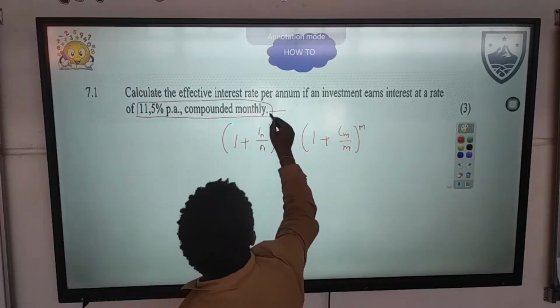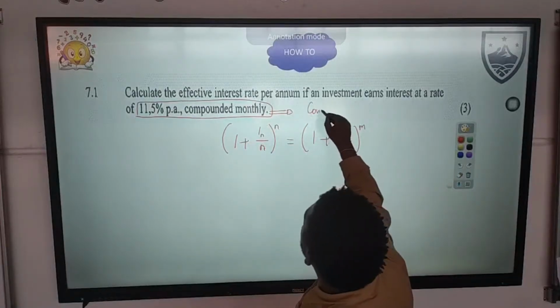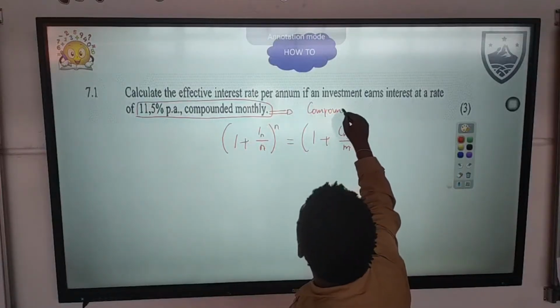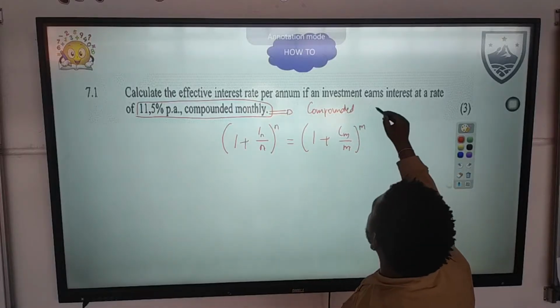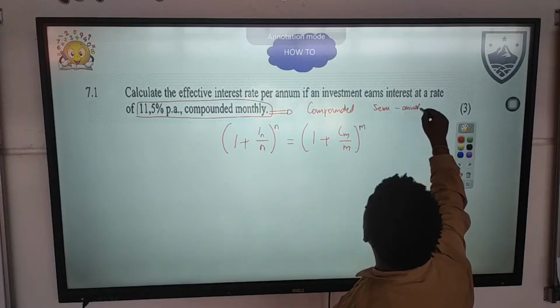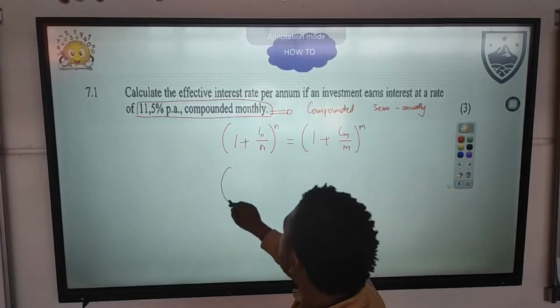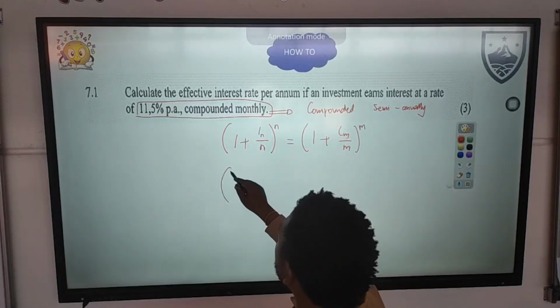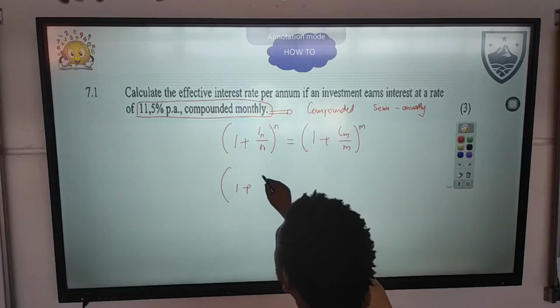I want to see what is the interest if it was to be compounded semi-annually. So I'm going to say 1 plus what is given to me. What I want is semi-annually, so I don't know the interest rate.